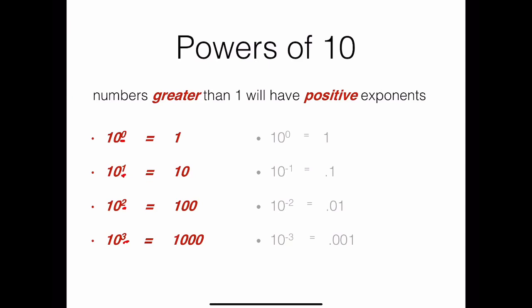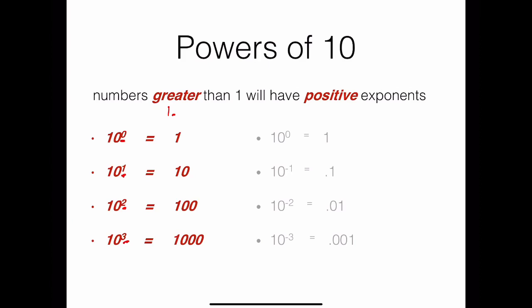So we can think of every number as the number 1. Every number written in scientific notation that has 10 to a power will start with the decimal point in the ones place. Now that exponent tells us how many places we are moving that decimal point. And we'll get to which direction we're moving it in a minute.